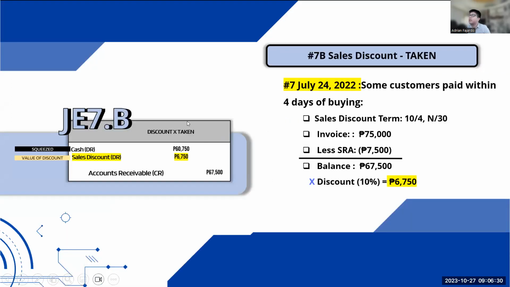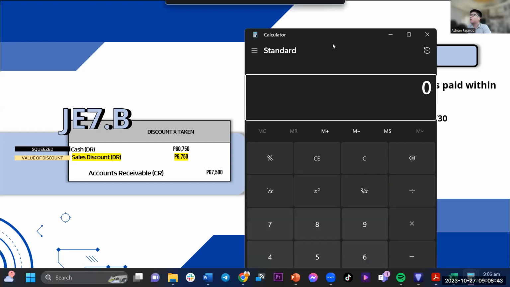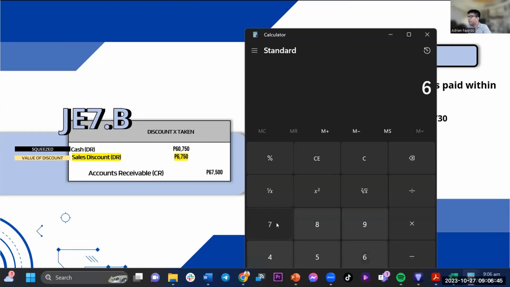And then here, kapag yung discount, so how do we solve for discount again? Step 1, zero out any corresponding accounts receivable for that particular purchase. So, alam natin na 67,500.